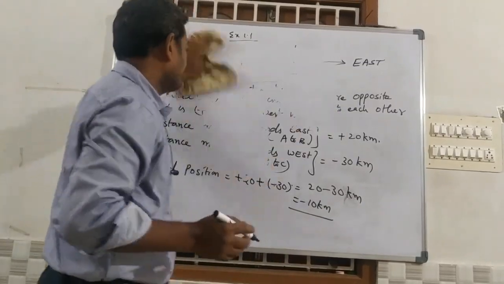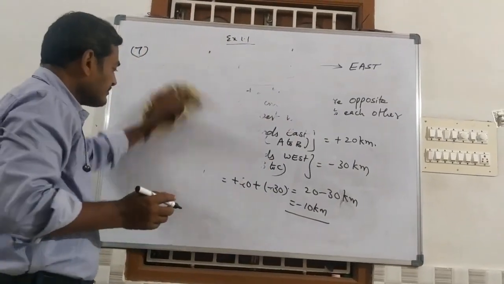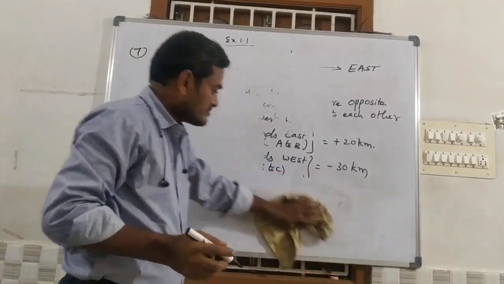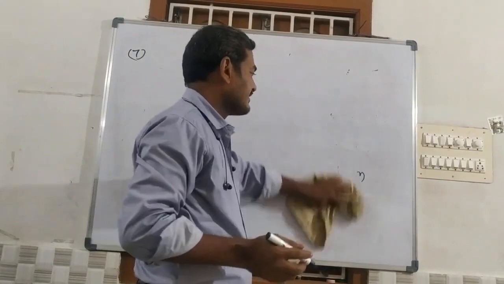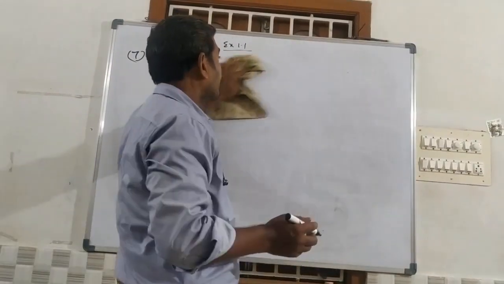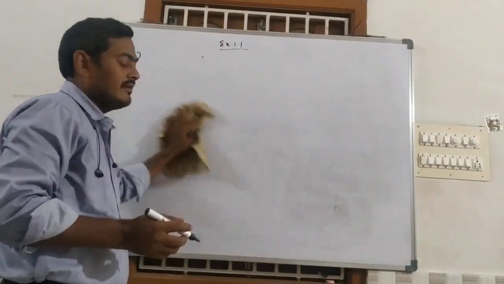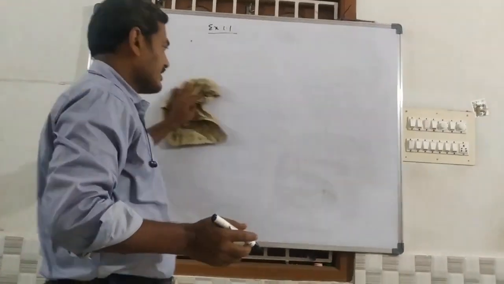Seventh question, magic square. Square means what? A square is a quadrilateral where all four sides are equal and the diagonals are also equal.